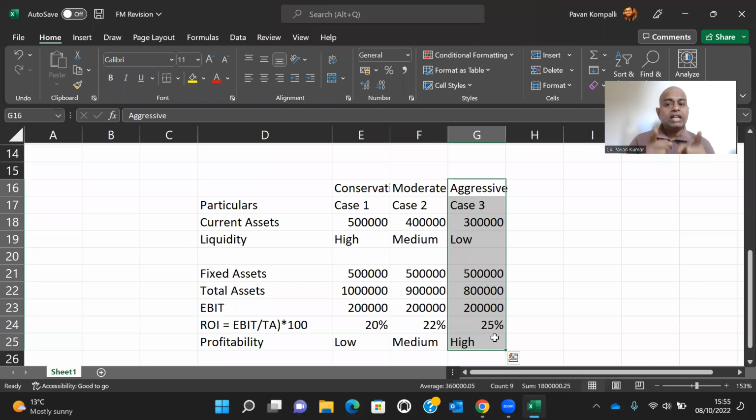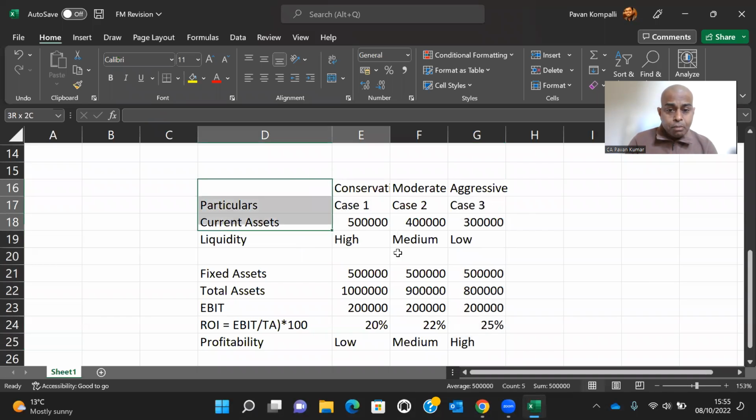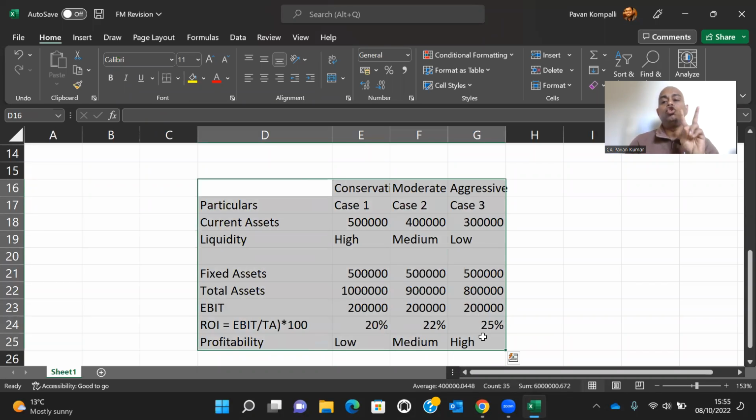For writing the answer, what is appearing on your screen, if you prepare this box in the exam, they'll give you 2 marks. But when you write step 1, step 2, step 3, and the conclusion, they'll give you another 2 marks. So for a 4 marks question, a student will say, sir, I wrote correct only, sir, but ICAI has given only 2 marks, sir.